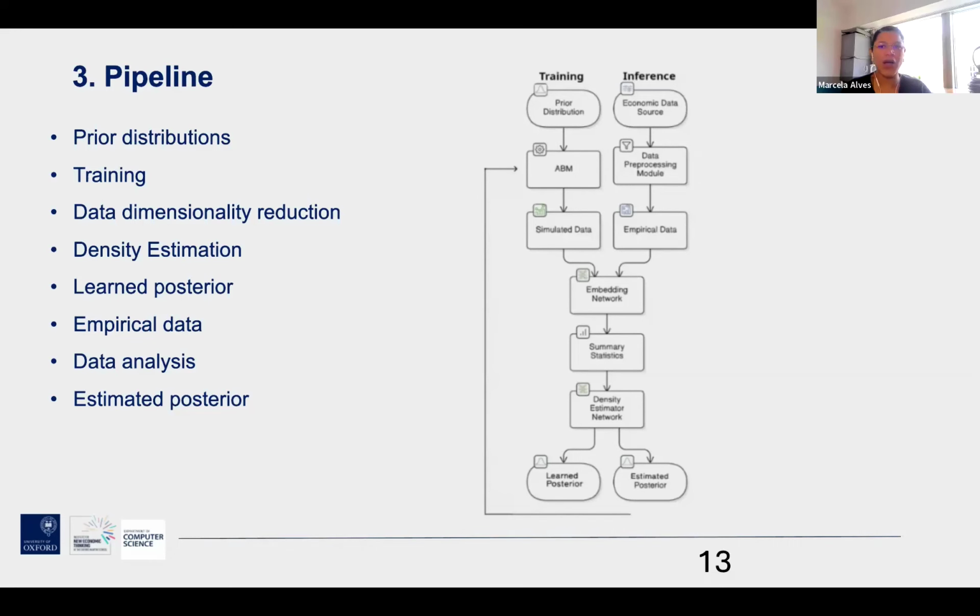Now, what happens when we do the inference step? We go to the economic data source, the real economic data. We do some pre-processing there because there are so many issues, right? People stopping replying to surveys, or, in the case we are dealing with right now, the UK leaving the economic zone, the European economic zone.